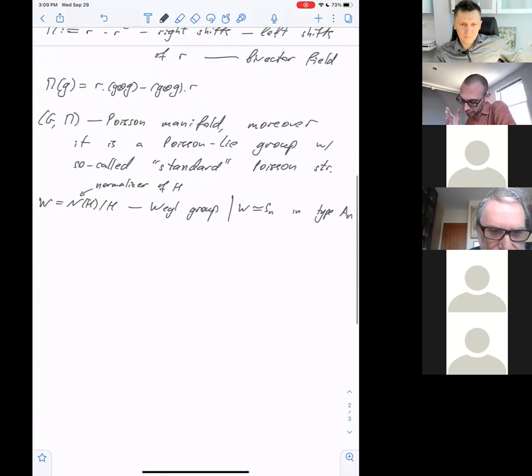And then, as an approximation to what symplectic leaves are, the so-called double Bruhat cells are in this story even more important than the symplectic leaves themselves.